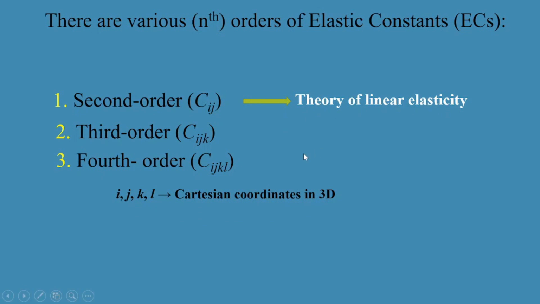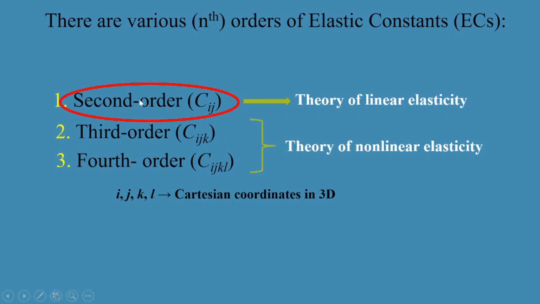The third, fourth and higher order elastic constants are based on the theory of nonlinear elasticity, which describes the nonlinear response of a crystal to stress, and they are used to explain anharmonic phenomena in solids. Here I will focus on the second order elastic constants, since the CASTEP code calculates the second order elastic constants using the first principles method.